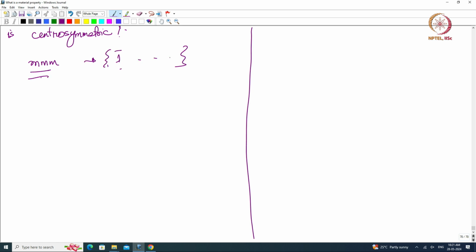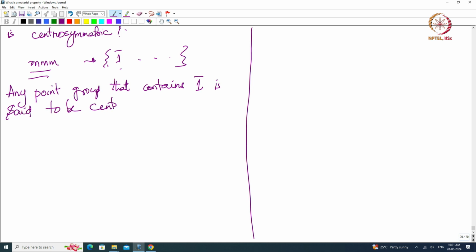So, m m m is a centrosymmetric point group, or in other words, any point group that contains 1 bar, where 1 bar is the inversion operation, is said to be centrosymmetric. In other words, if I do not have 1 bar, it is not centrosymmetric, right.